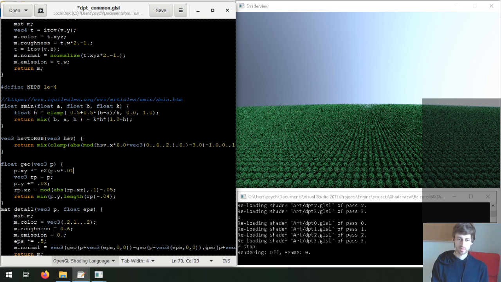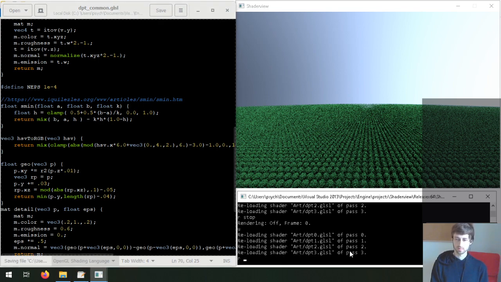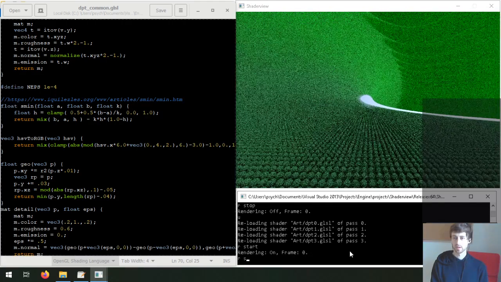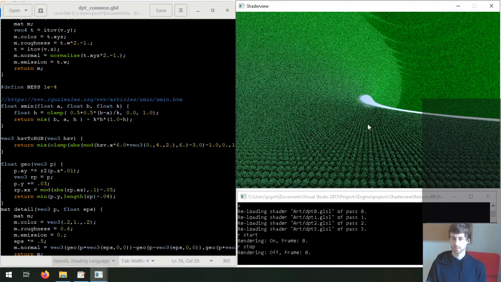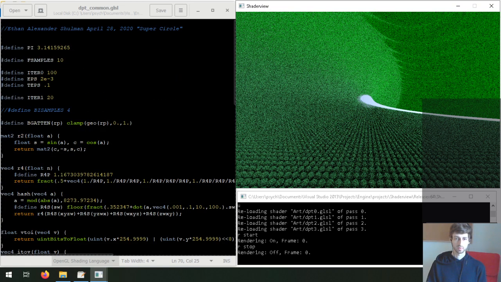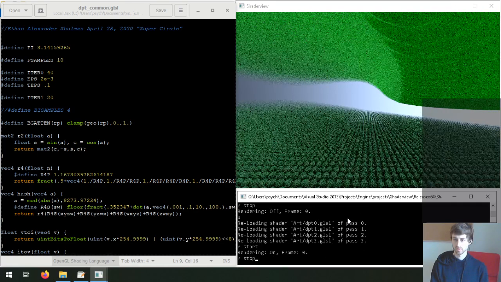Basically it rotates as it goes along the z. Yeah, and you get this crazy effect where the world wraps around. I actually think I want less iterations so it kind of opens up there.